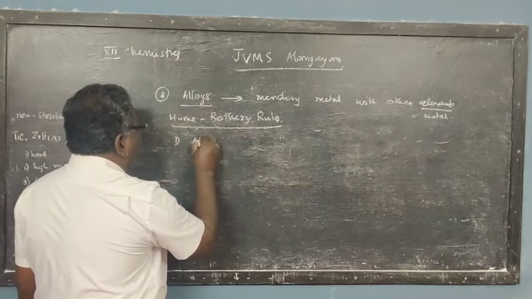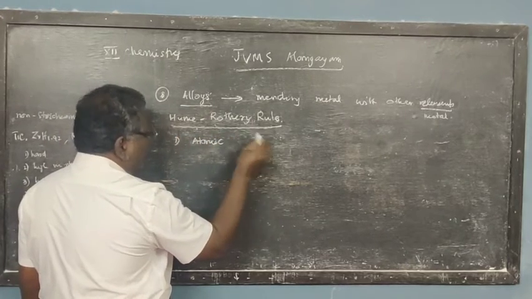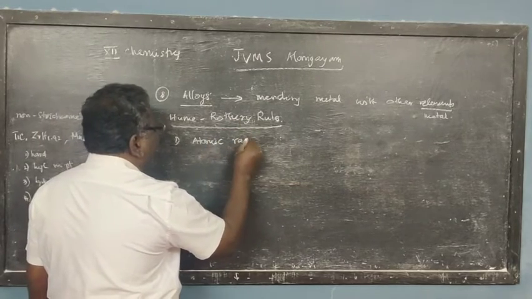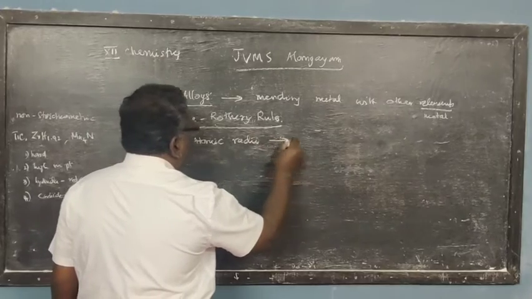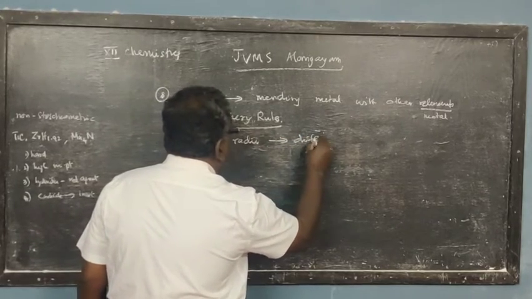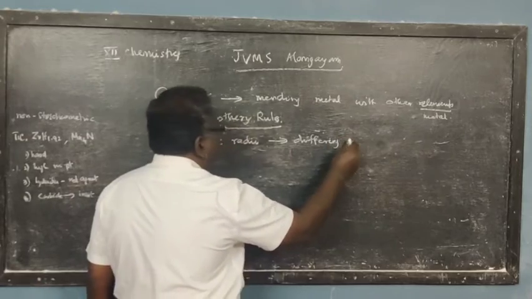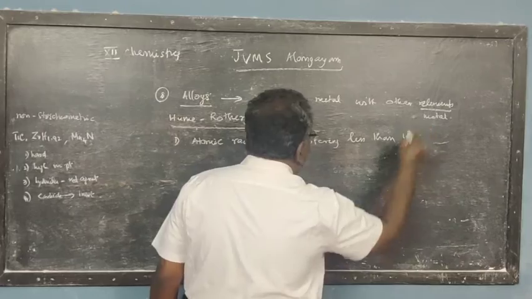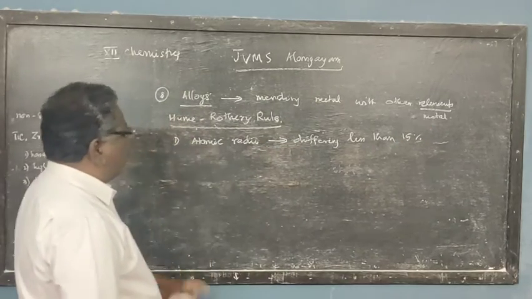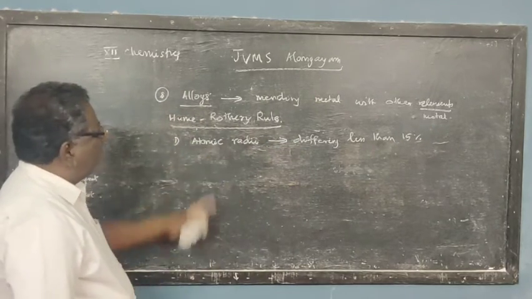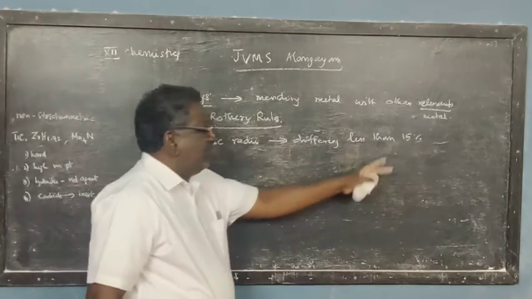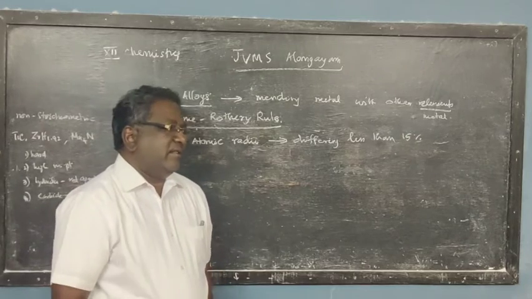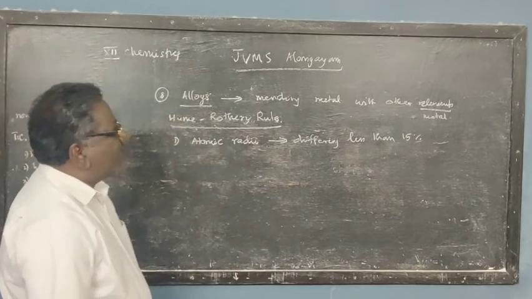The two metals which are involved in the formation of alloys must have their atomic radii, right, differing less than 15%, right? So the atomic radius difference between the two metals which are involved in the alloys must not be more than 15%. Then only they will be involved in the alloys.